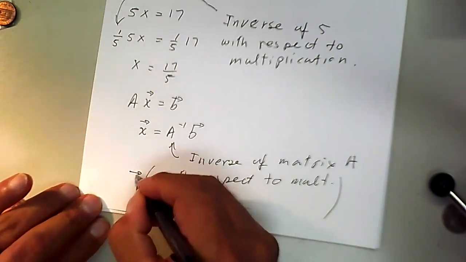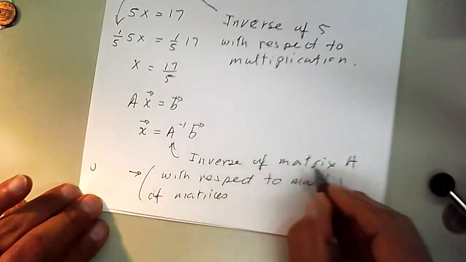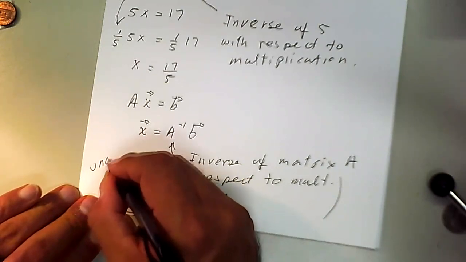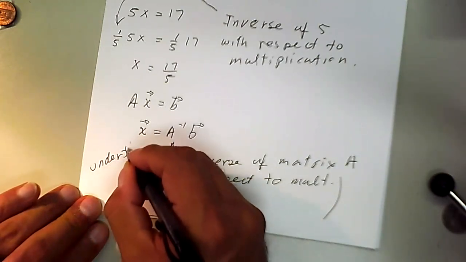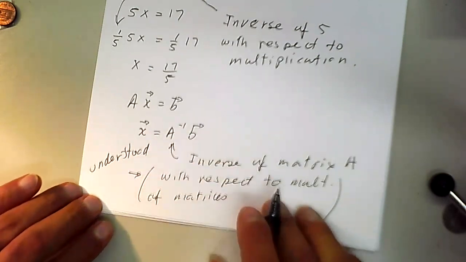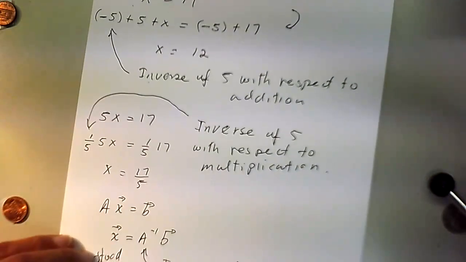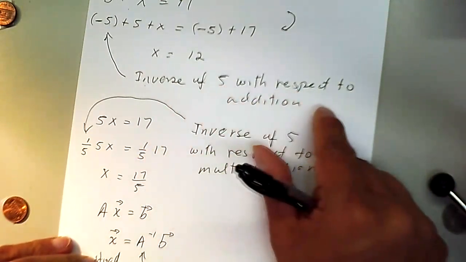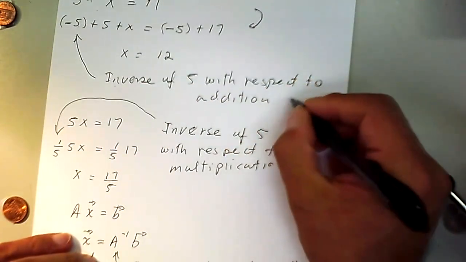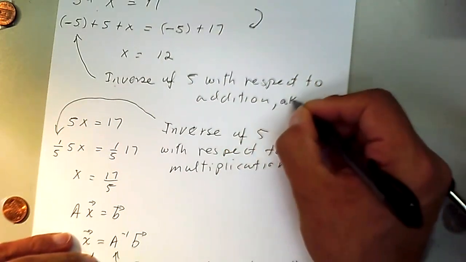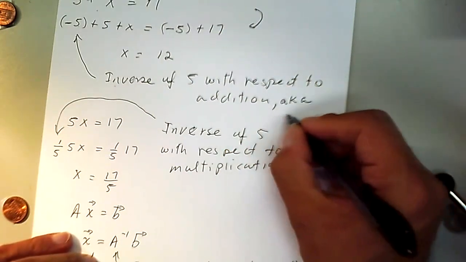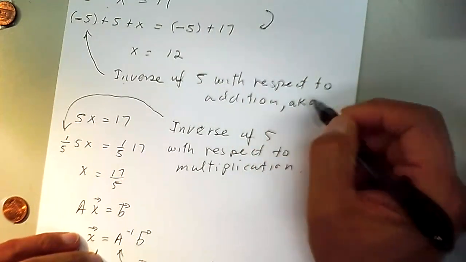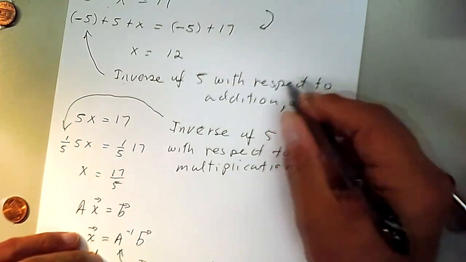So when we say inverse of a matrix A, the operation in this case is understood. And here we don't say, this is a little bit too long to say, so also known as opposite. So we call the inverse of 5 with respect to addition opposite, and that saves us a lot of wording.